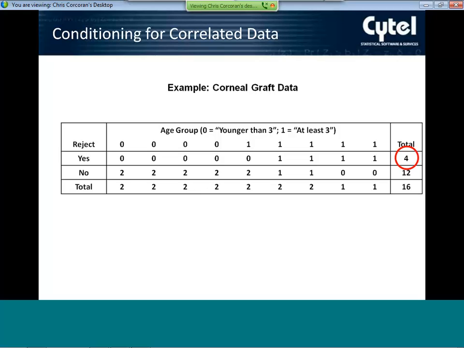So that's why I'm circling this 4. So far, this looks similar to any two-way table that we might analyze, and we're still conditioning on the margins. But what are we doing in addition that allows us to account for the correlation between eyes? Well, we have another statistic.